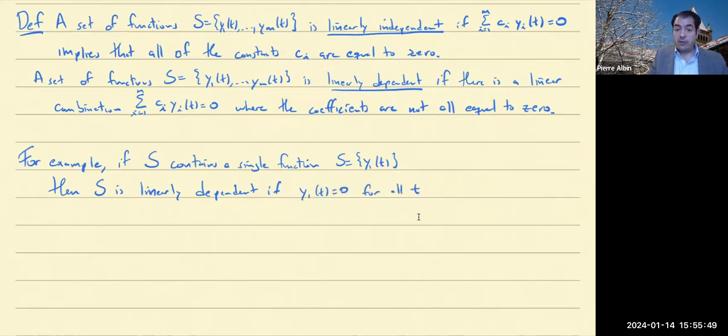If the only function you have is the 0 function, then you have a linearly dependent set, and linearly independent otherwise.